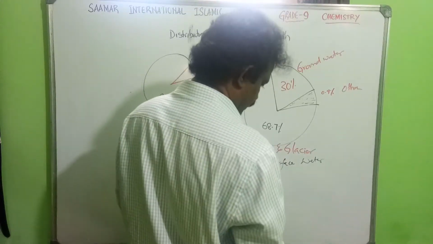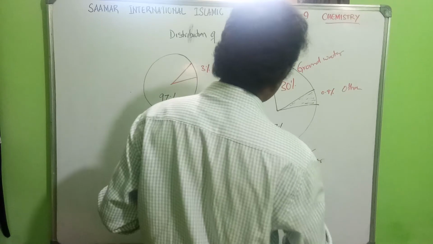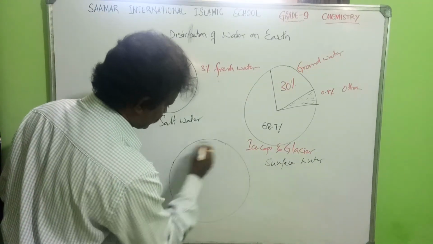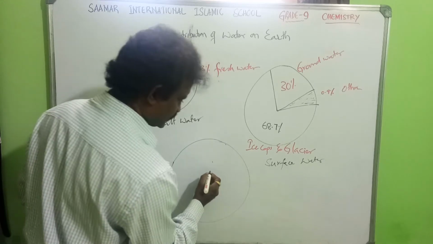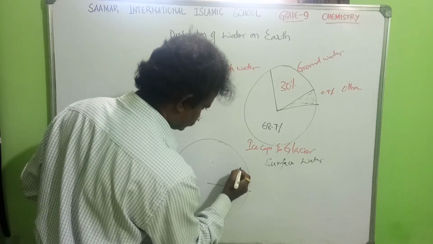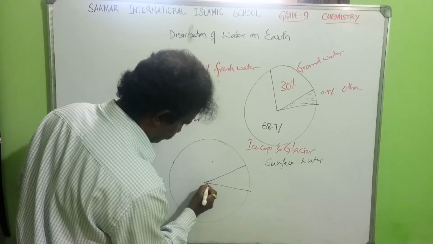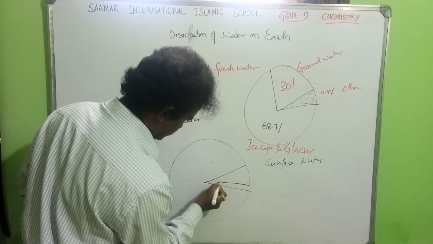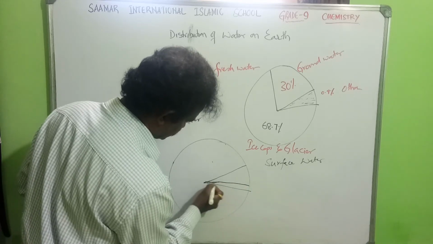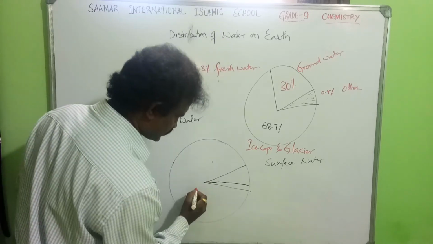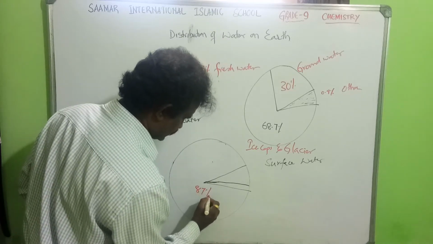Now, this is one part here. Now, I will take this a little bigger. One more, this one I will draw. In this, if you see, here you will find 87% is lake water.